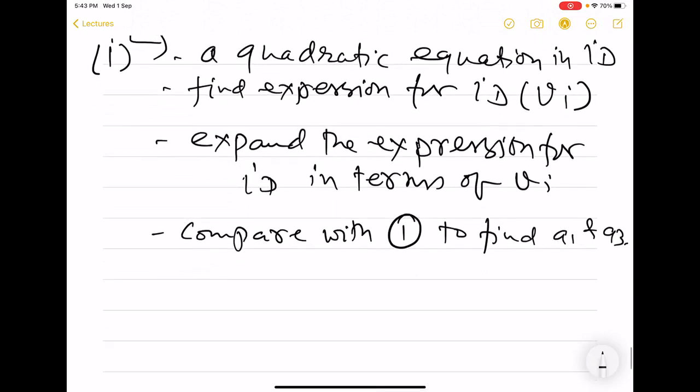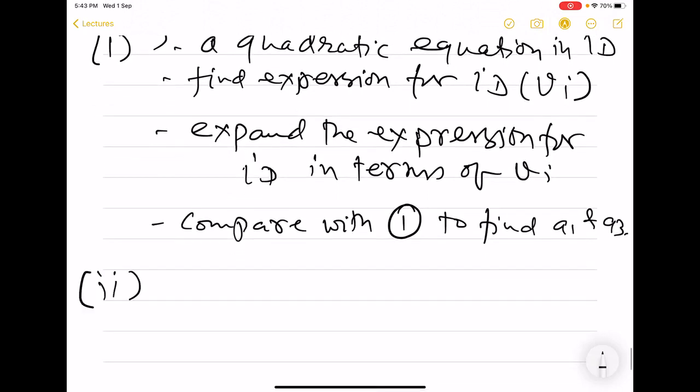Rather, we will take the route of differentiation. So we are going to differentiate it to find out the various coefficients. We have seen that the first derivative gives rise to A1 and the third derivative gives rise to A3.